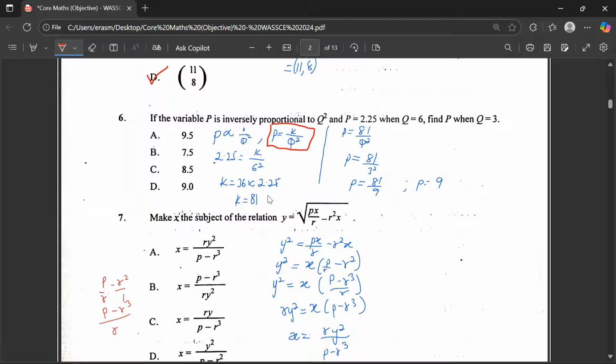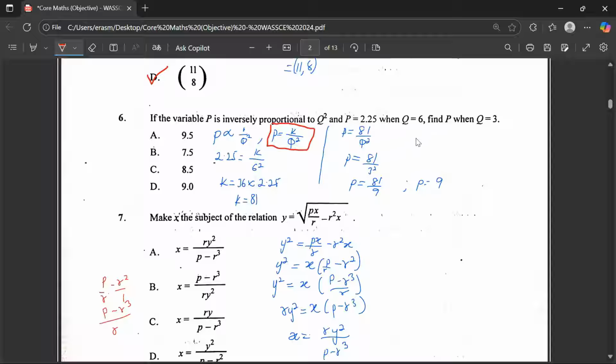Once you have the value of k, then you are going to substitute back into this formula. And then that is going to be what? P equals 81 on q squared. Remember, k is a constant and we found its value. Now we are asked to find p when q equals 3.